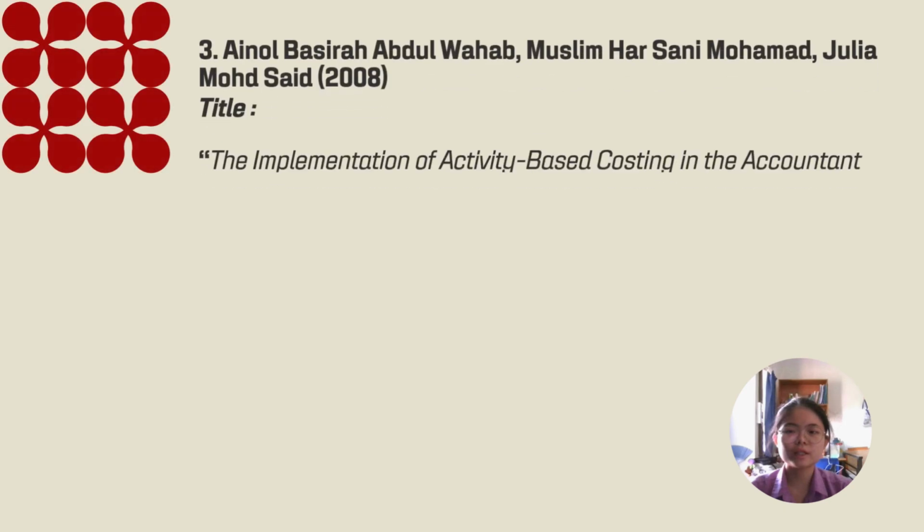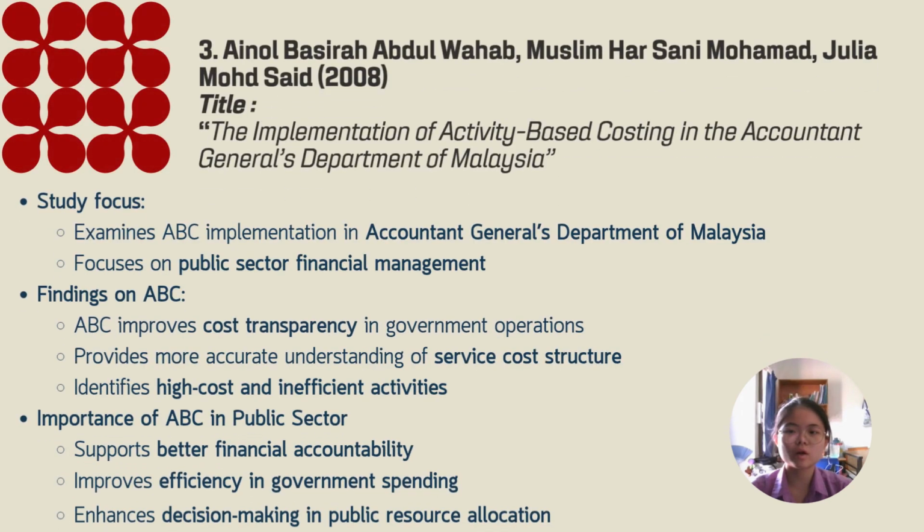The next article is entitled The Implementation of ABC in the Accountant General Department of Malaysia, which is part of the public sector. Unlike manufacturing or private companies, this study shows how ABC can also be applied in government organizations to improve financial management.